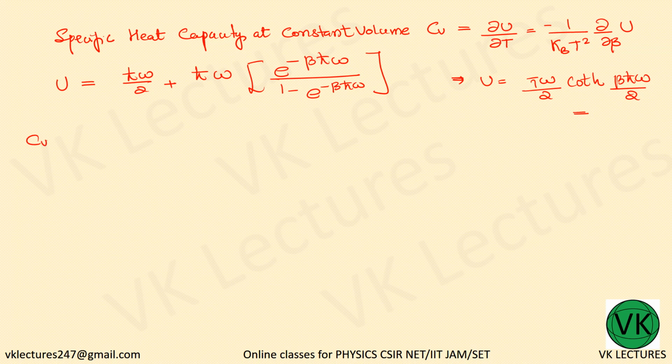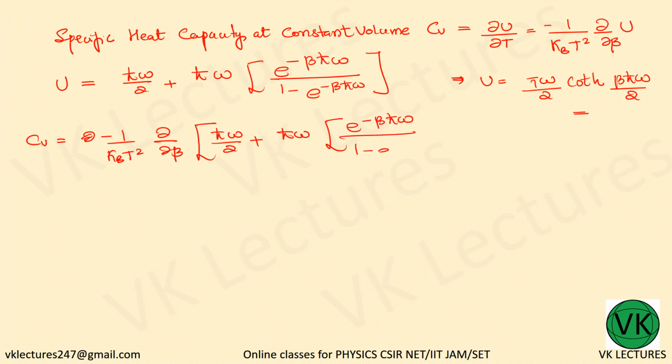So CV equal to minus 1 by kBT squared dou by dou beta of U, so h cross omega by 2 plus h cross omega into e to the power minus beta h cross omega divided by 1 minus e to the power minus beta h cross omega.